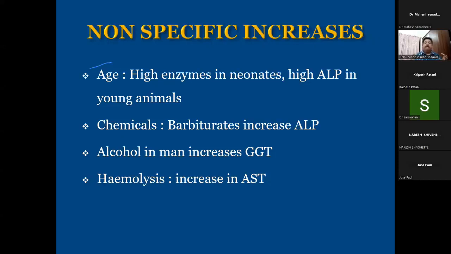Then RBCs in all animals, dogs, cattle, humans, etc. contain a lot of SGOT, that is AST. And when there is hemolysis, erythrolysis, this SGOT will be released. It will be taken up into the circulation, producing a hike. That is a non-specific increase.